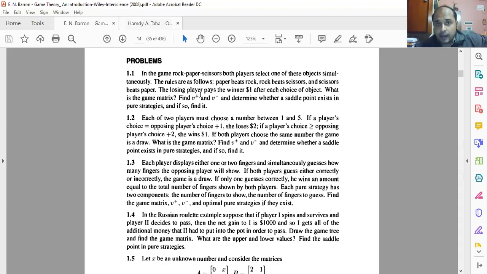So do not ask me anything right now. If you have finished copying, start with question number 1.2, and try to find a game matrix. I shall do it in the next session. I shall do one of the problems in the class, as I can see the time permits me, either 1.2 or 1.3, and we can continue our discussion to the next class also.